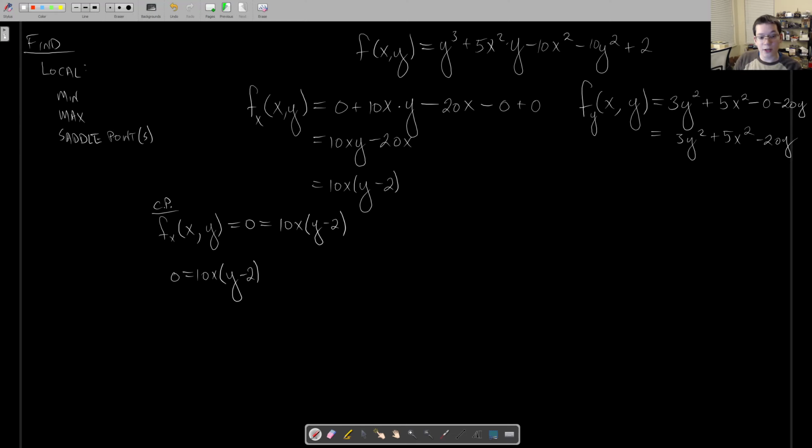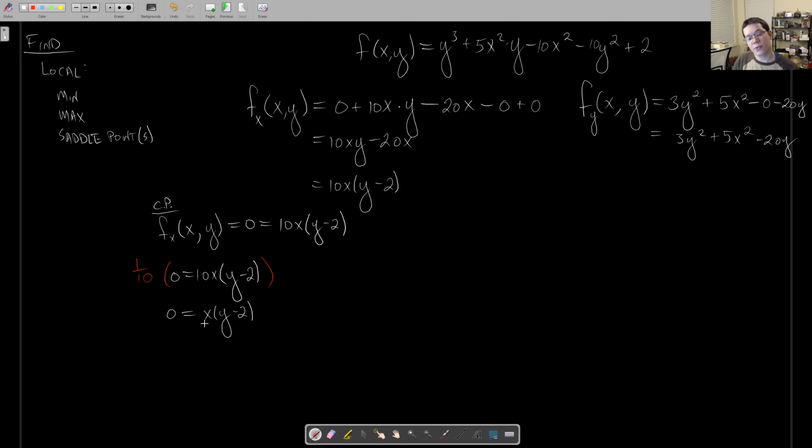So since we're trying to find a critical point, we want to know what values for x and or y should I put in to make this equation true. So we'll start with solving for y. I'm going to divide out my 10, so I'm going to end up with, let's change colors, 0 divided by 10 is 0 equals x times y minus 2.